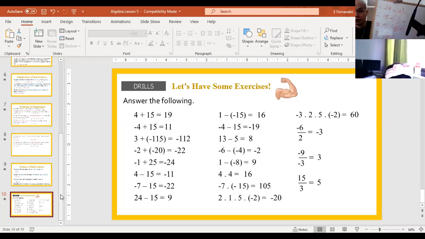Finish copying. You can use a calculator, Christelle, if you need it.